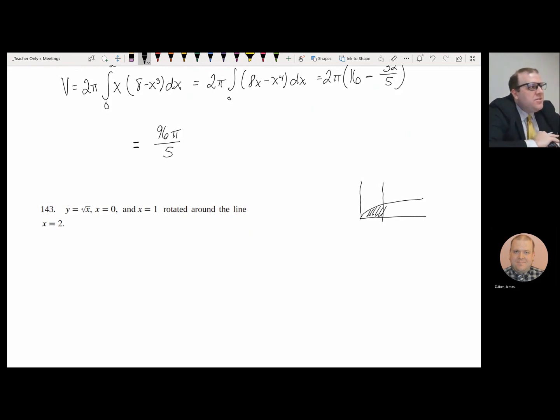Well, you didn't say you're bounding at y equals 0. That's always implied. The square root of x doesn't ever go below the x-axis. So again, it's one of those mathematical implications.